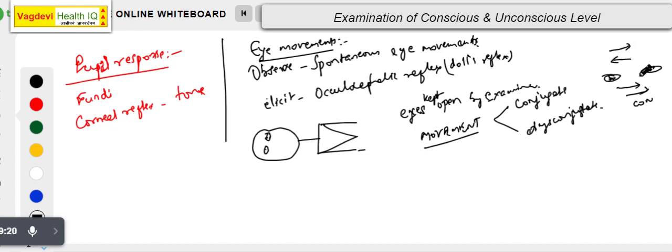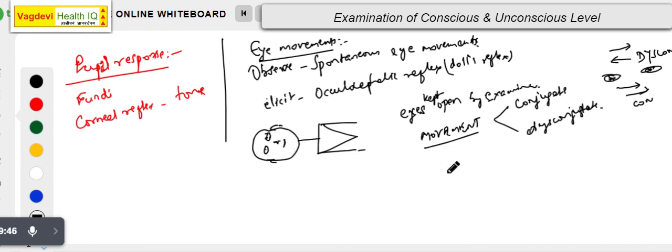If they are not moving in the parallel direction, then it is disconjugate. Now tell me, these ocular movements, which part of the brain could be the problem? Tell me, I have taught so much, tell me something. If these ocular movements are disturbed, which part of the brain can we think there is a problem in?